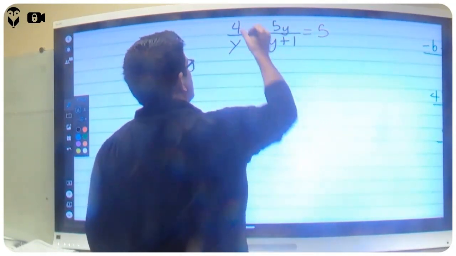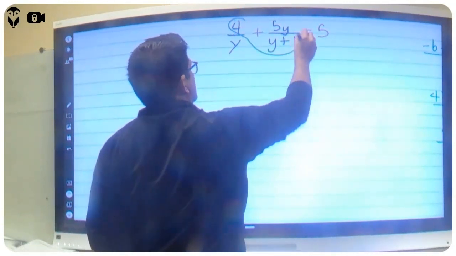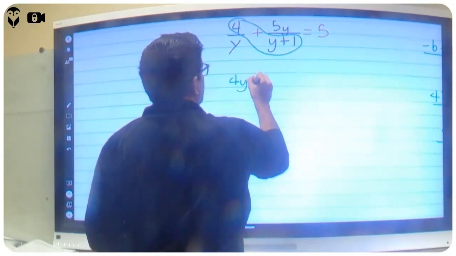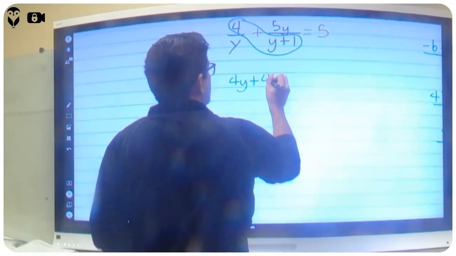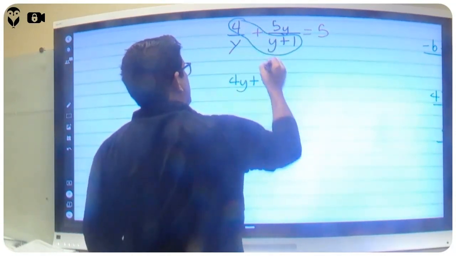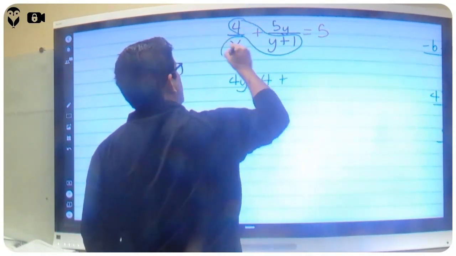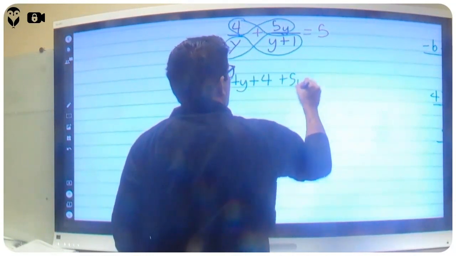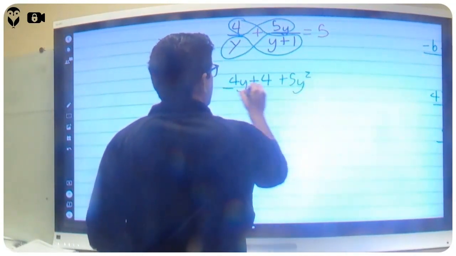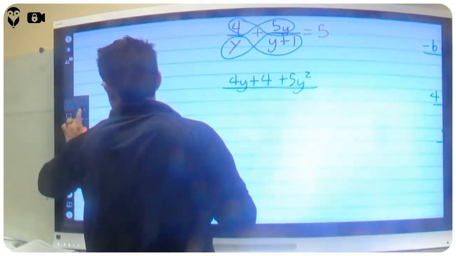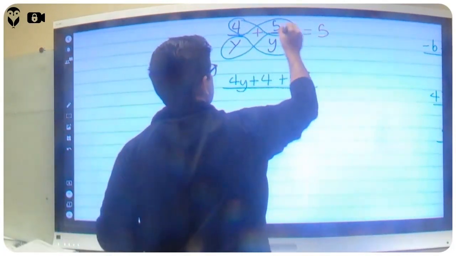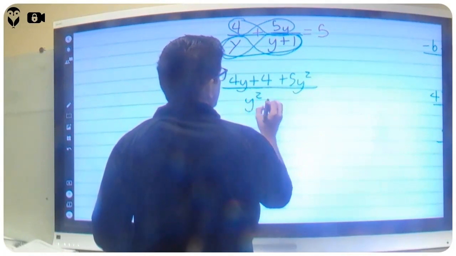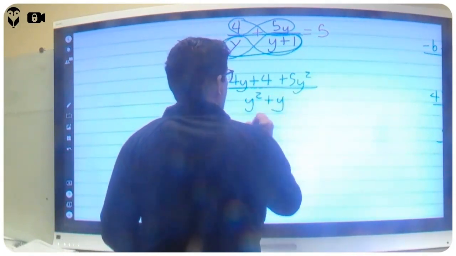So what you're going to do is multiply this with that and get 4y plus 4. Then you're going to multiply, and then you're going to add with whatever this times that is, which is 5y squared. And the bottom is going to have to be this times this, which gives me y squared plus y.